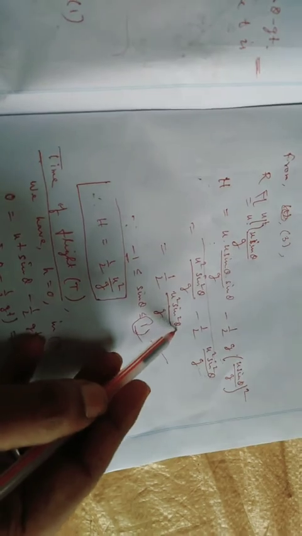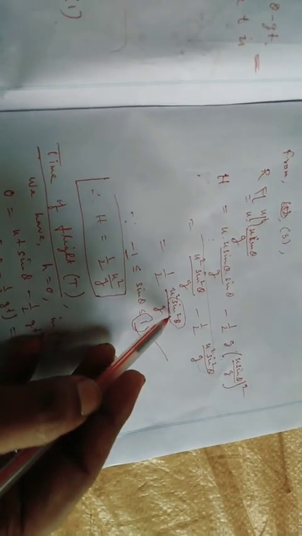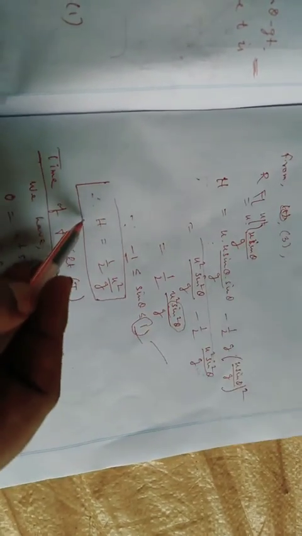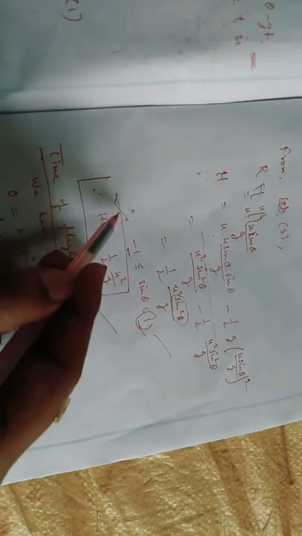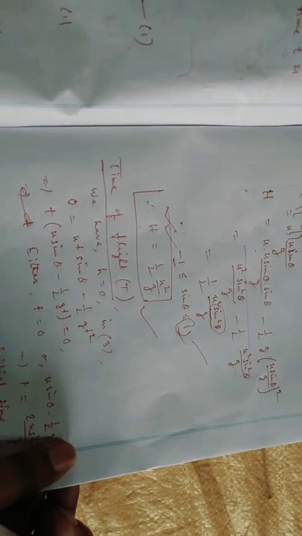Since sin theta ranges from -1 to 1, it cannot attain more than value 1. So if we put 1 in place of sin square theta, we get h is equal to half u square by g. So this can be the maximum height of a particle, based on the velocity, not on the angle of the projection.